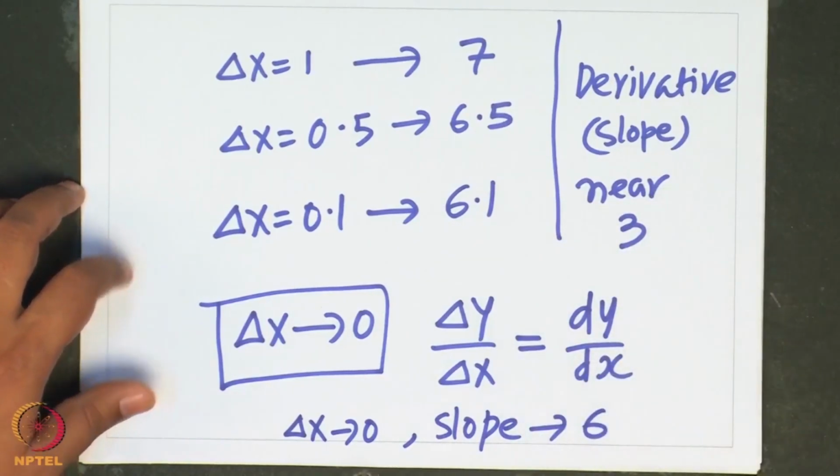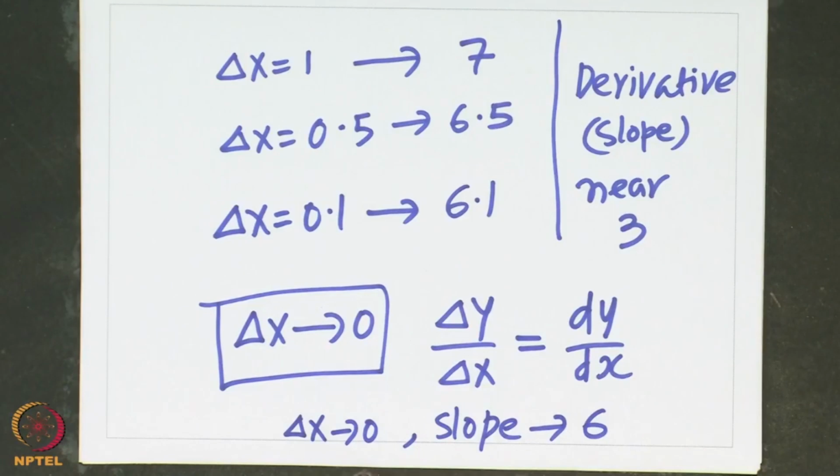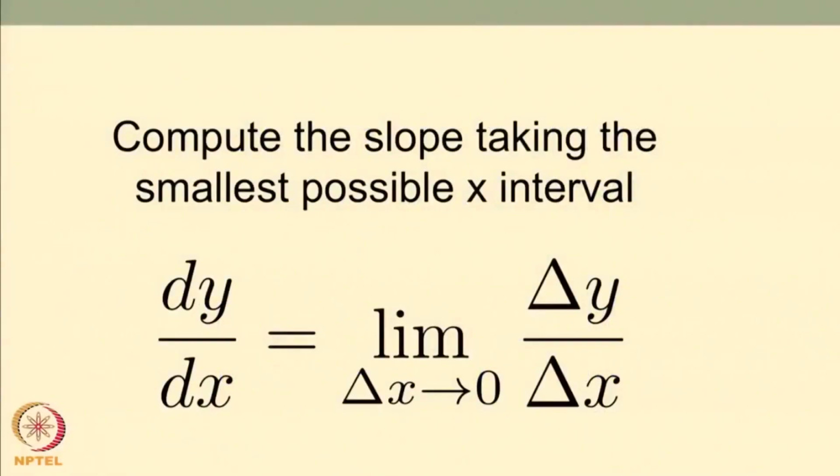This is how one mathematically defines it: compute the slope taking the smallest possible x interval. That is the definition of a derivative.